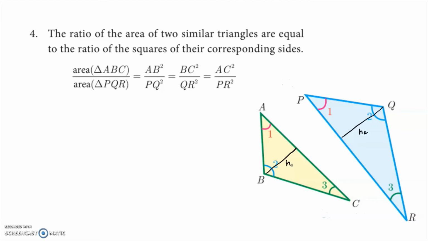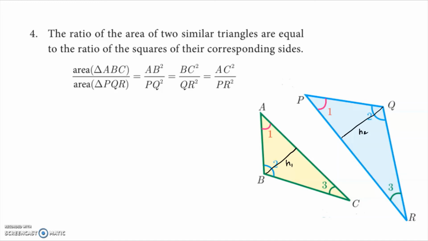Alright, so I think it's self-explanatory. Now let me take two sides, AC and PR, right? And I'm going to call this height here as H1, the altitude of this triangle ABC, and H2 as the altitude of the triangle PQR.